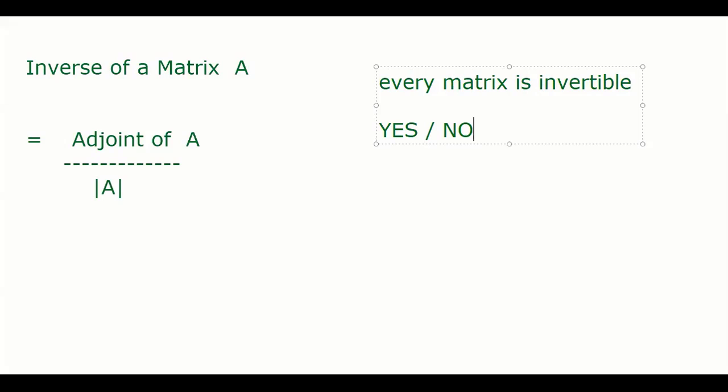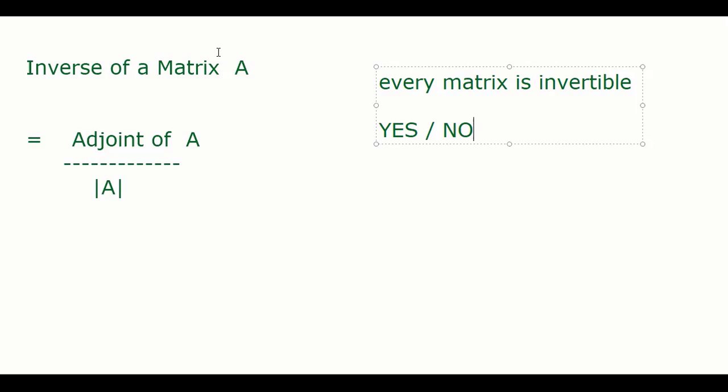Every matrix whose determinant is non-zero, only those matrices are invertible. You can find inverse of a matrix only for non-singular matrix. मतलब, determinant cannot be 0. Understood guys? It's ulta. So those matrices whose determinant is 0 are not invertible.